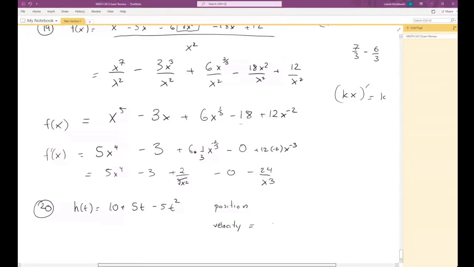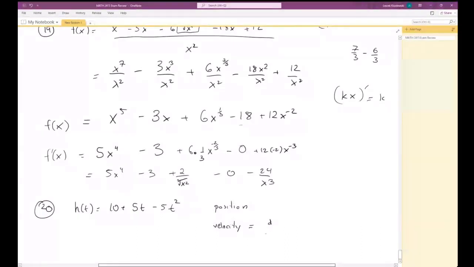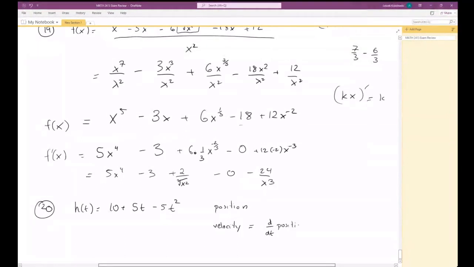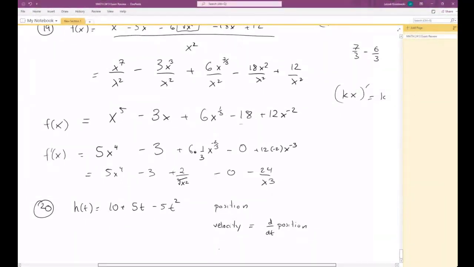Velocity is distance divided by time, right? So in terms of calculus, it's the instantaneous rate of change of position with respect to time. So to get the velocity, we just differentiate the position, so h prime. The derivative of position with respect to time gives you velocity.